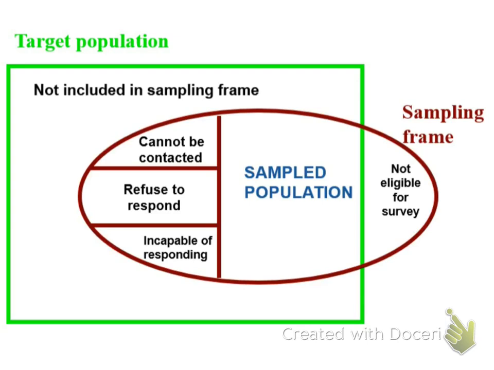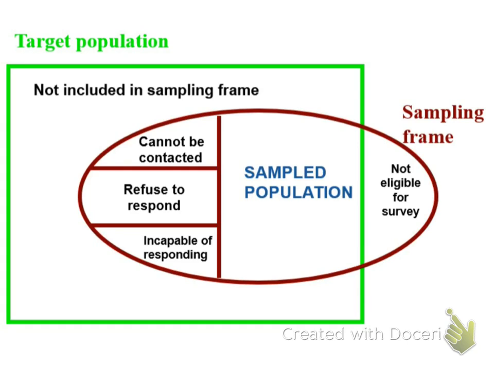So that's who I want to get information from. Then I've got this other brown oval, which is my actual sampling frame. And within the sampling frame, there is a whole bunch of different people. Now, some of these people are in my target population, some of them are not.